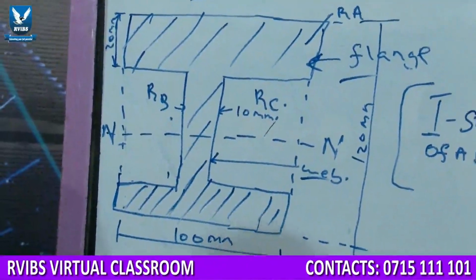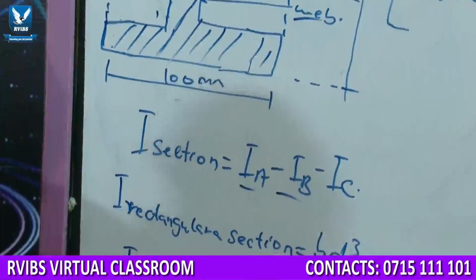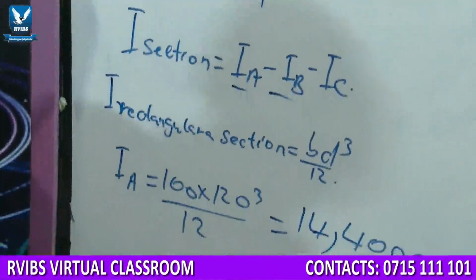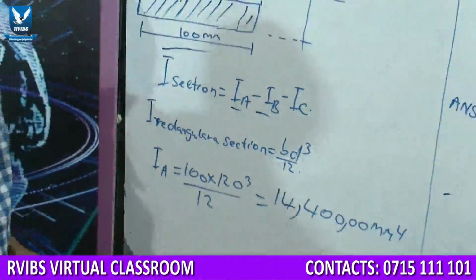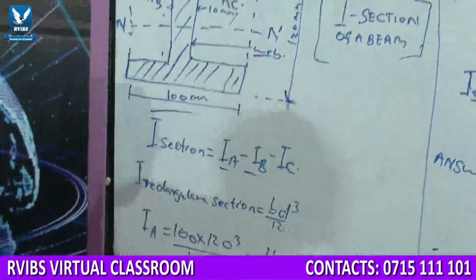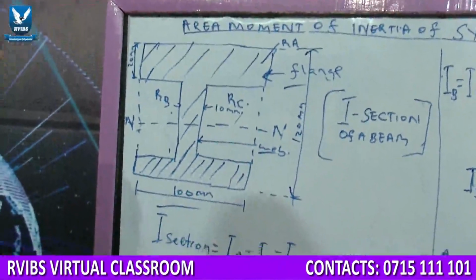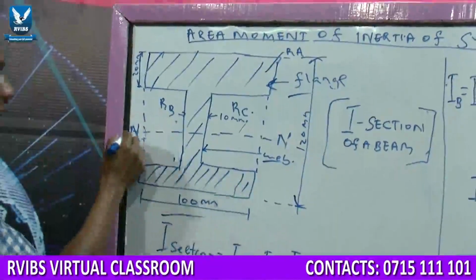Now calculating the moment of inertia of rectangle A. As we can see, the base is 100, whereas the thickness of the section is 120, as can be seen from the diagram. You can see that rectangle A is symmetrical about the neutral axis.